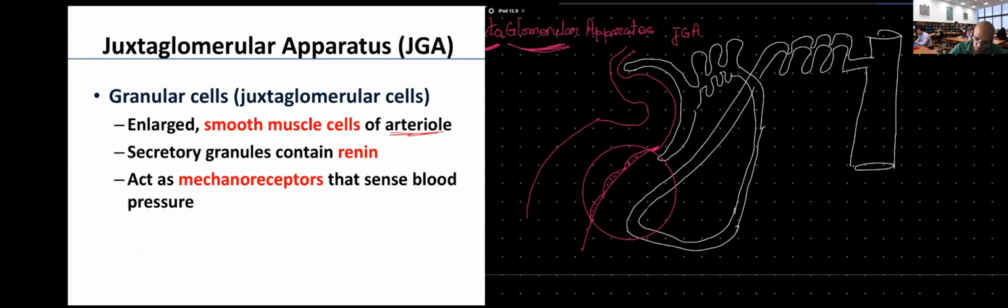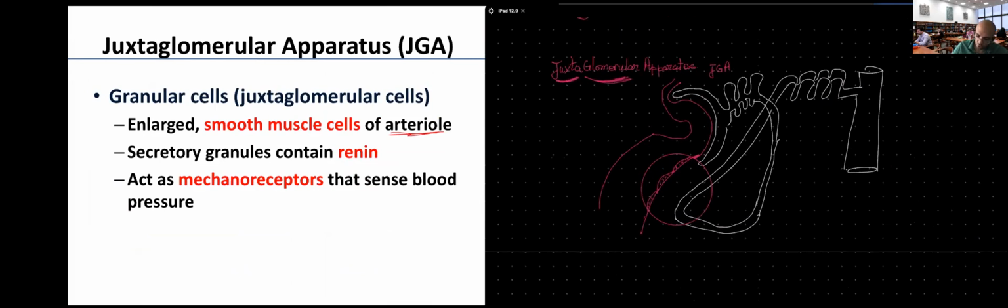And the content of those granules is a hormone that we call renin. And as those smooth muscle cells exhibit cytoplasmic granules, we call them the granular cells.